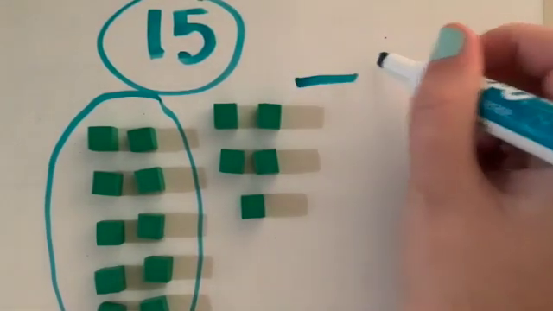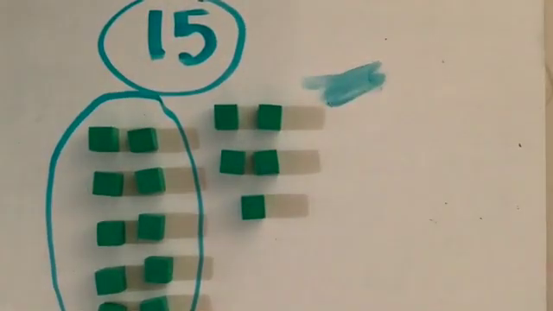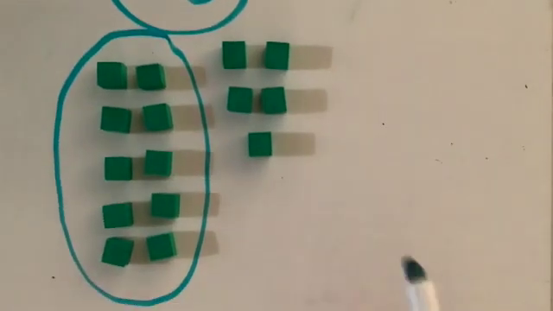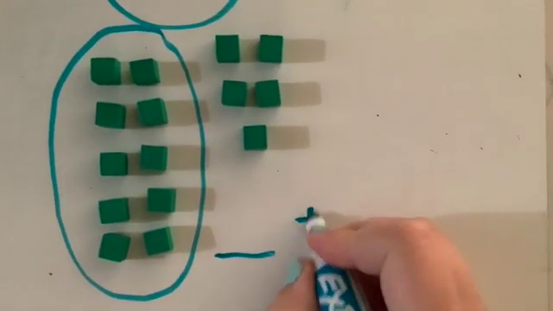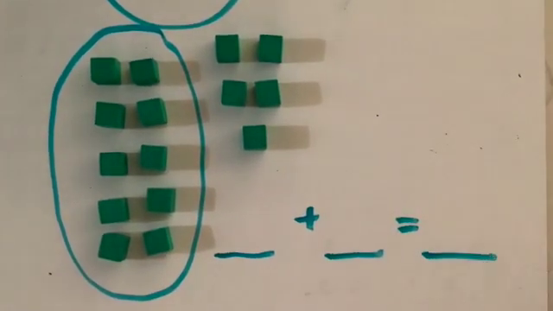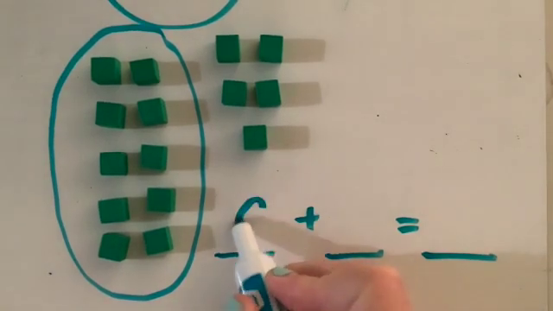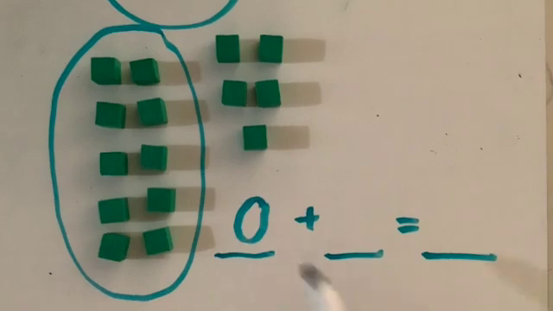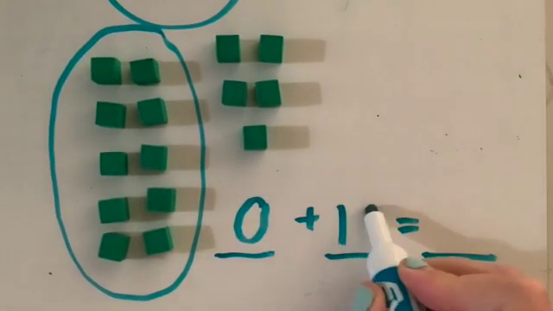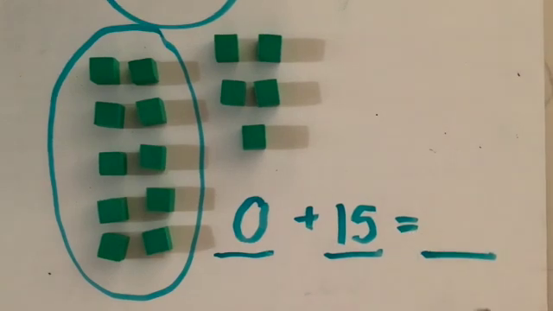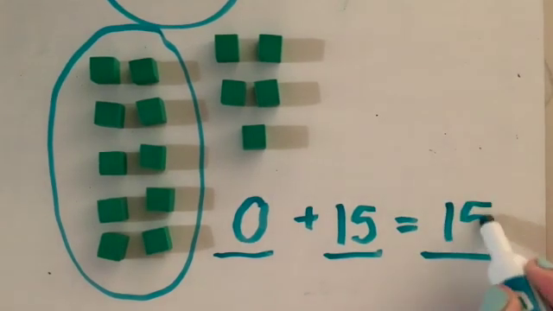Now if we were to write this in a number sentence, we could write, how many 10s do we have? 0 tens, plus how many 1s? 15 ones. And that equals 15.